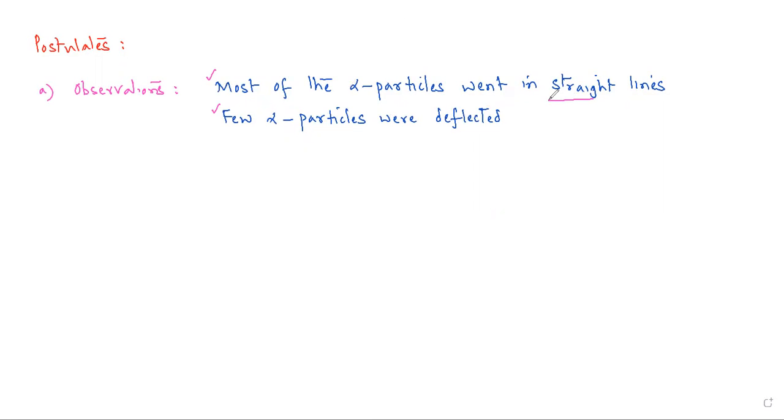Most of them went in straight lines. That means they were undeflected, right? It is because most of them went in straight lines undeflected because most of the atom is empty.